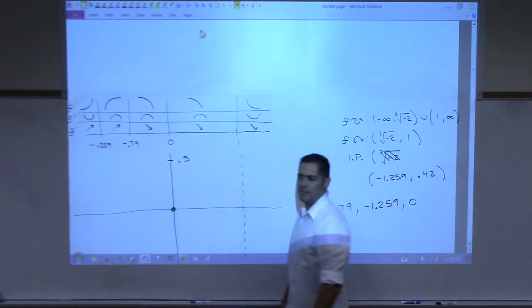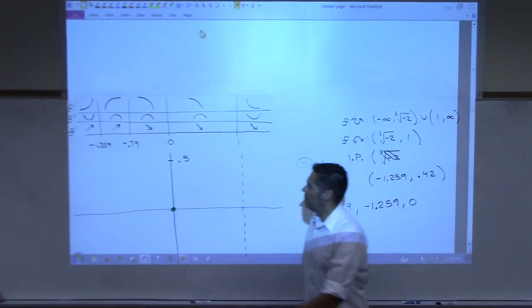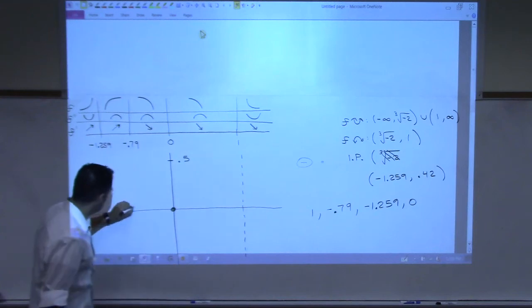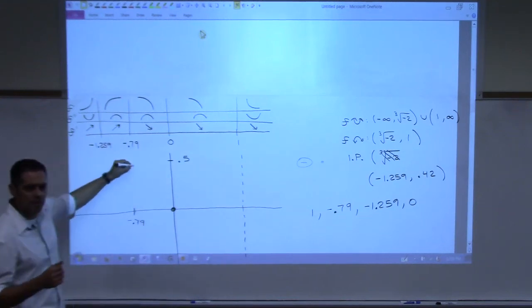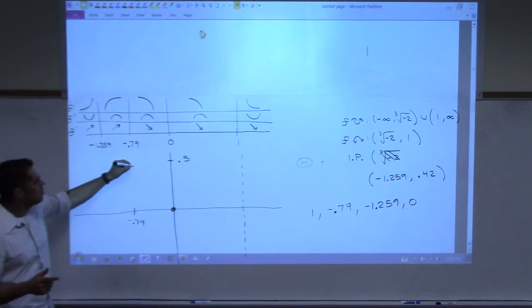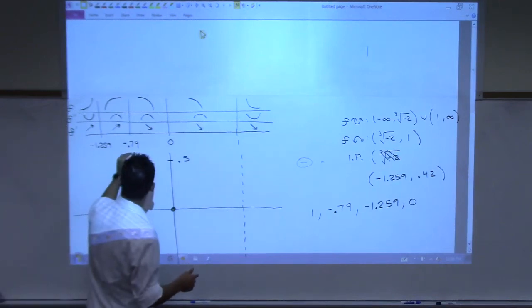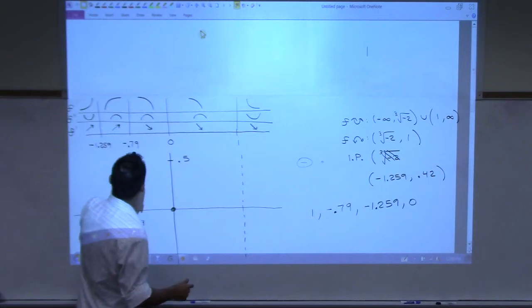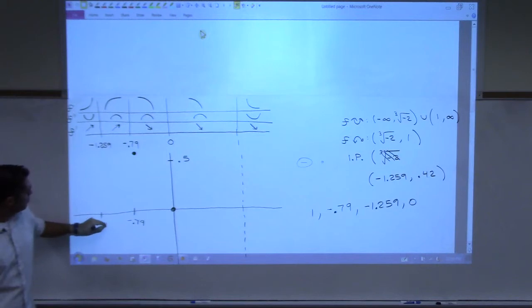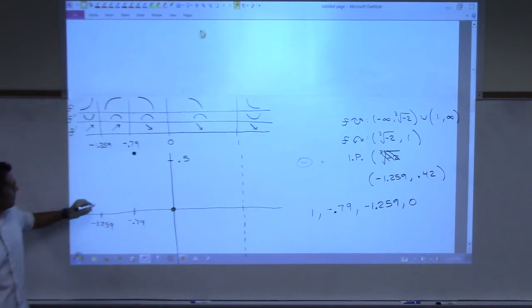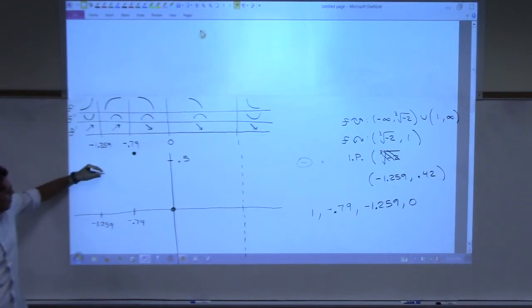Okay, can we say that? Then here at this value, negative 0.79, you said it was 0.53? Do you agree we'll be up here? Yeah? And then at negative 1.259, we're going to be at 0.42 something, somewhere around here.